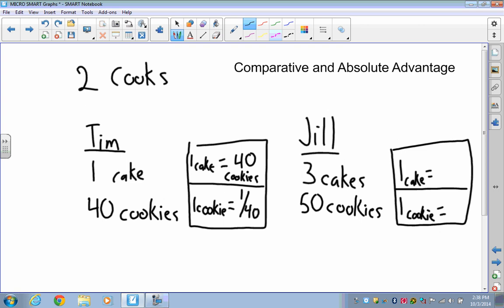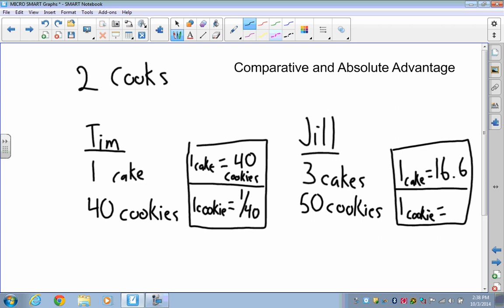So Jill, though, one cake costs her what? 16.6. By the way, do we need to be really specific? No, usually these will be fairly obvious. And what does one cookie cost her? 1/16.6.